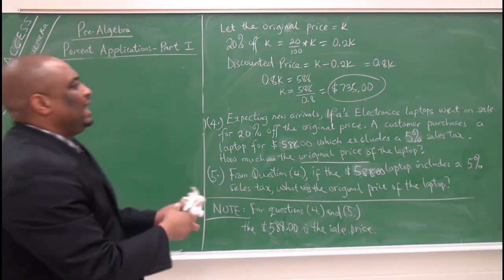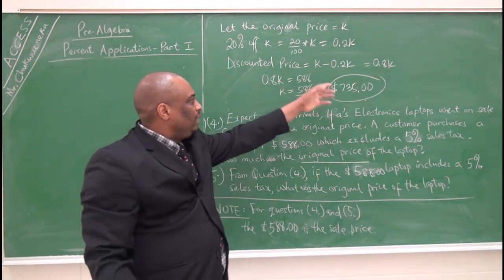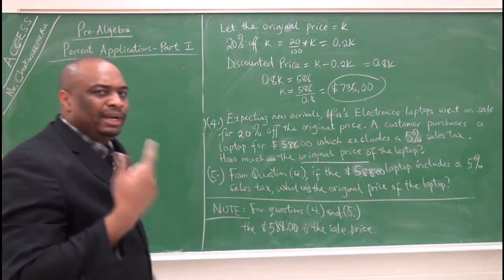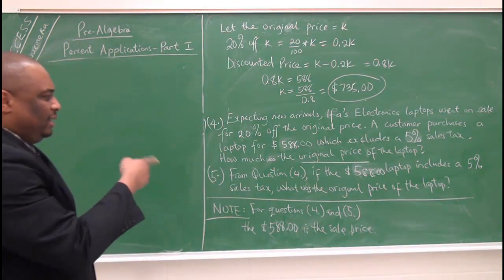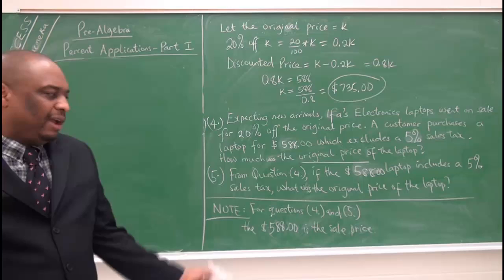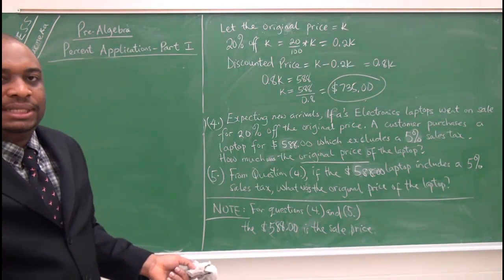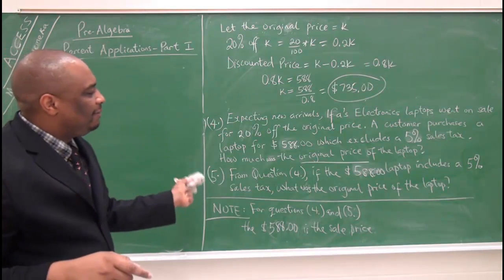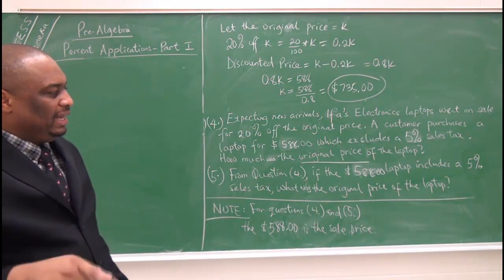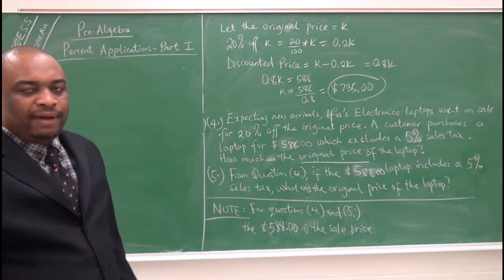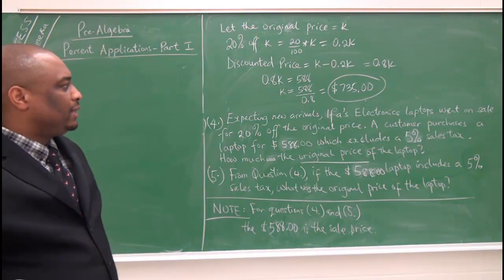In question 4, the $588 does not include the 5% sales tax. But for question 5, assuming the $588 includes a 5% sales tax, how are we going to find the original price of the laptop?